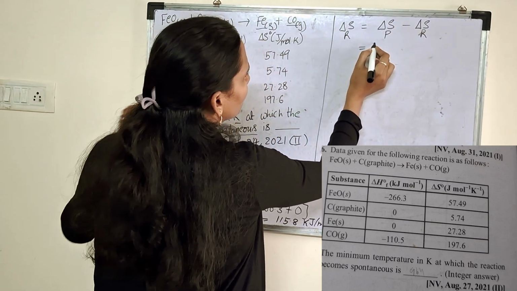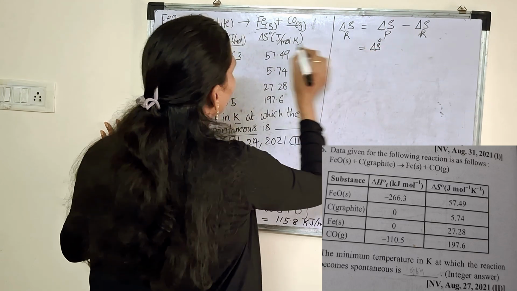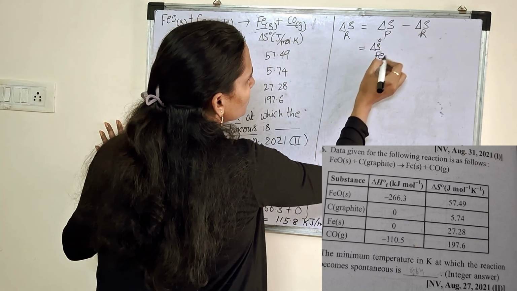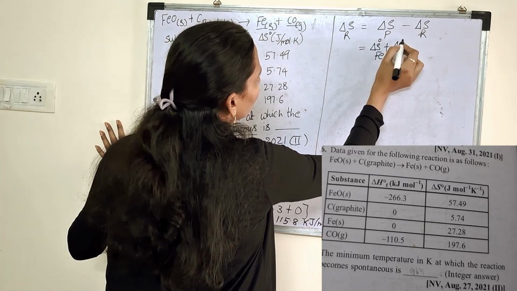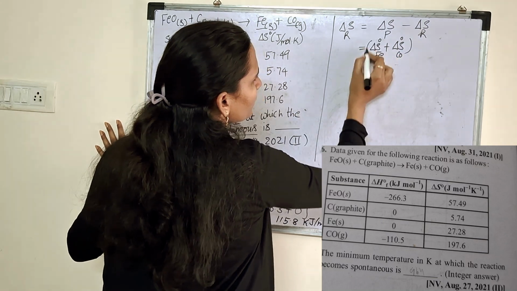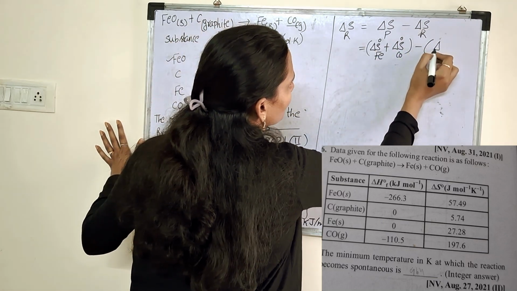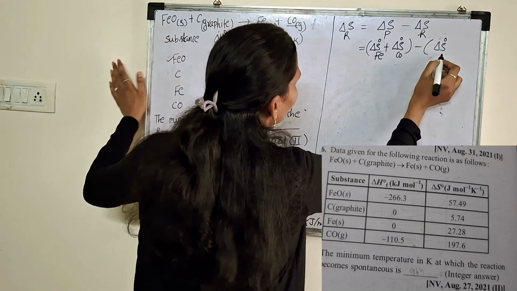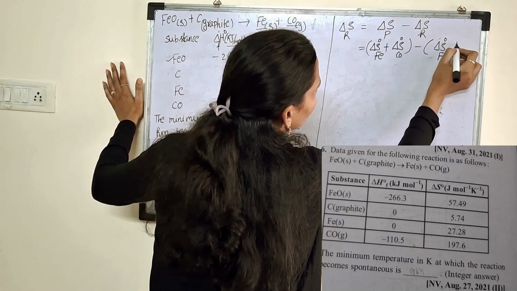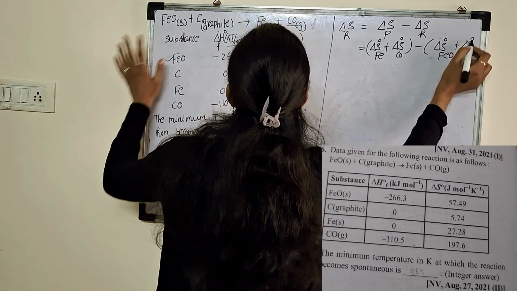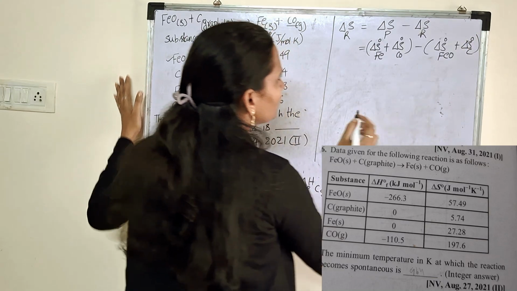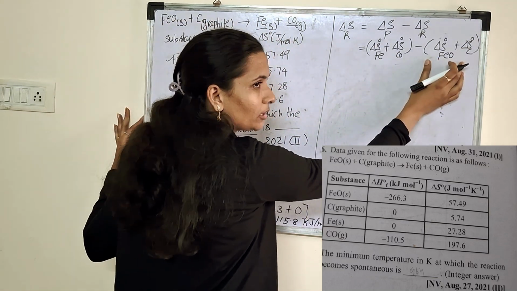So delta S naught for iron plus delta S naught for carbon monoxide, minus delta S naught for FeO plus delta S naught for C graphite.